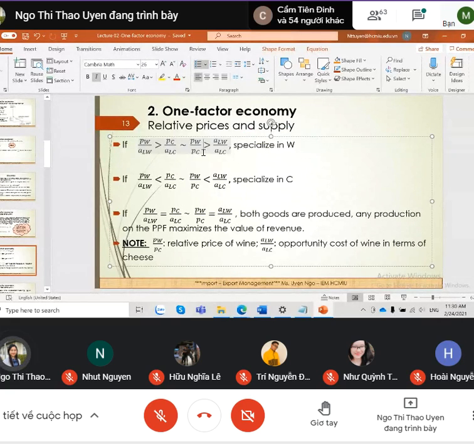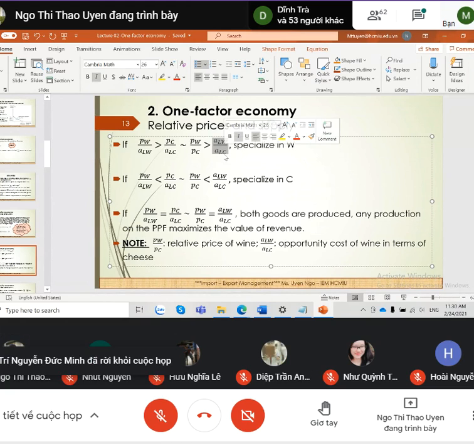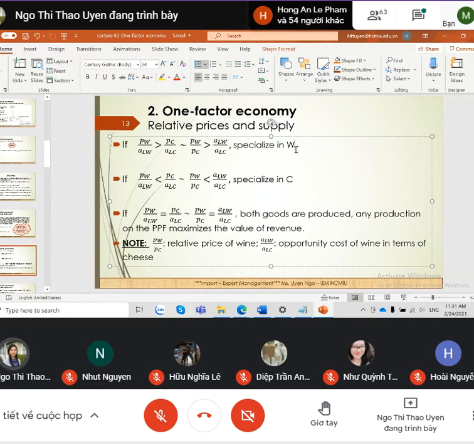So this side is what they get. But the unit labor requirement, the opportunity cost, is the cost. So it's what they give out, what they pay. So when what they get is larger than what they pay, they will choose to specialize in producing the thing in the numerator.